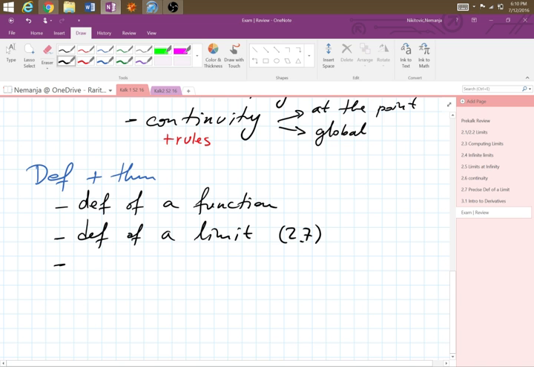And then a theorem for existence of a limit. I hope you are remembering that the limit from the left and the limit from the right have to be the same. That's the major theorem. If the limit from the left and the limit from the right are the same, then the overall limit exists. That is the big one.